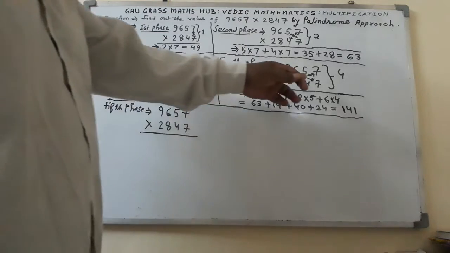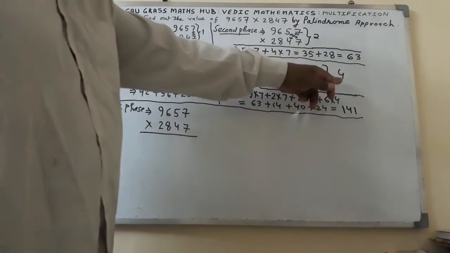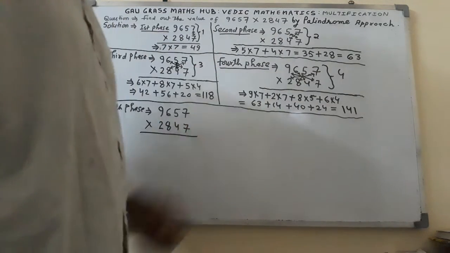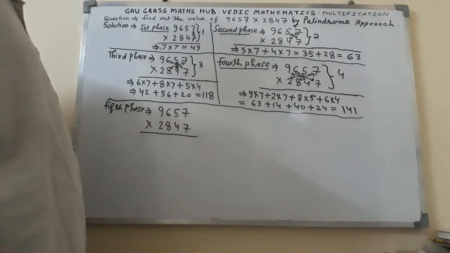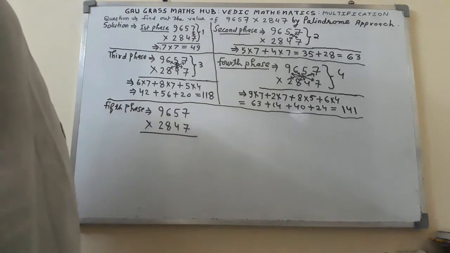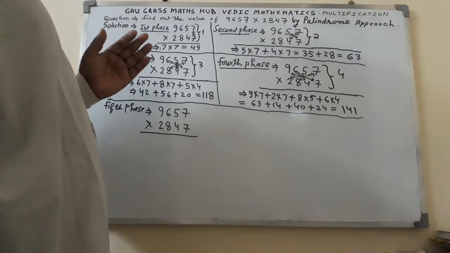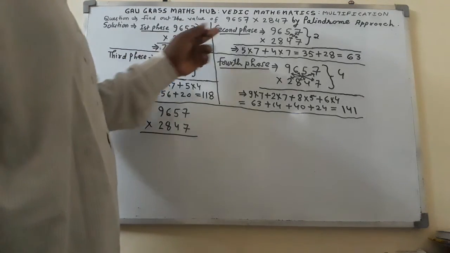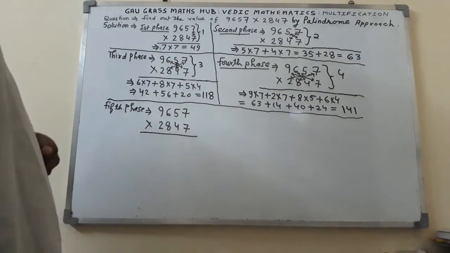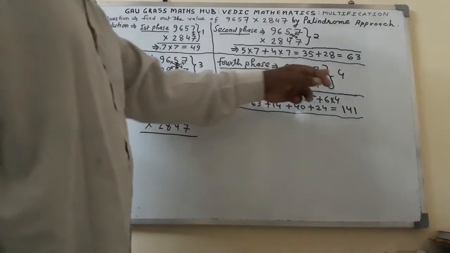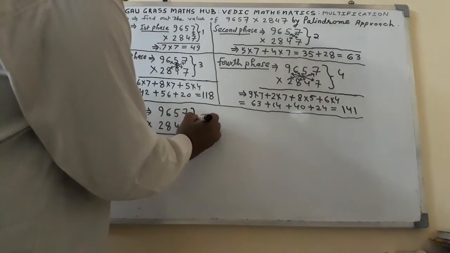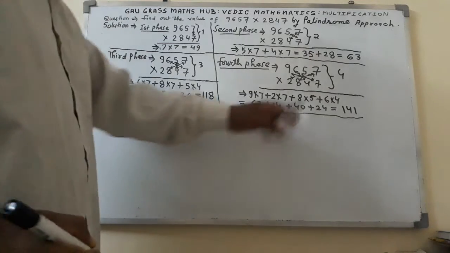Now here you have got this one 4, you have got after 4, 1, 2, 3, 4. As per the rule of palindrome approach, the forward movement 1, 2, 3, 4. At the same time, reverse movement will be 4, 3. So here you will get 3, 3, 2, 1 like this.